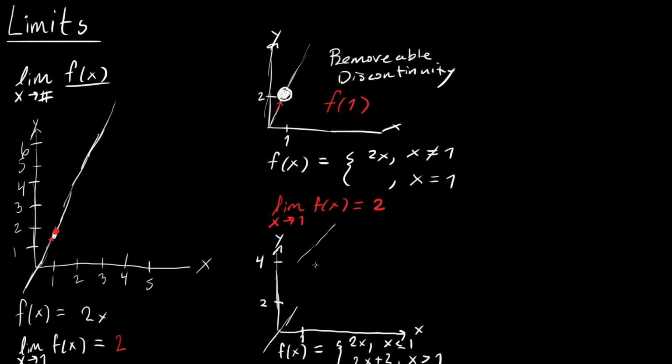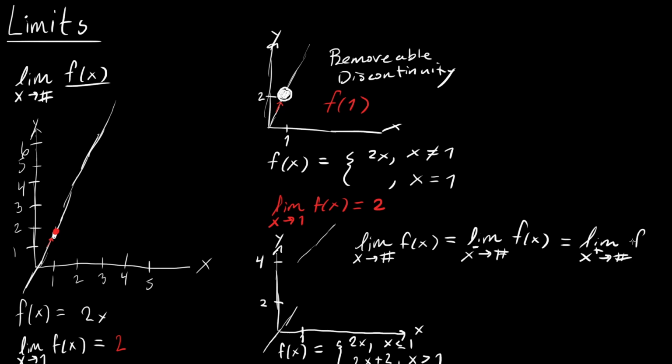So this is now when we have to come up with a better definition for a limit. The better definition is that the limit as x approaches a certain number for f of x has to be equal to the limit as x approaches that number from the left, which is why there's a negative there, and the limit as x approaches that number from the right, the plus.